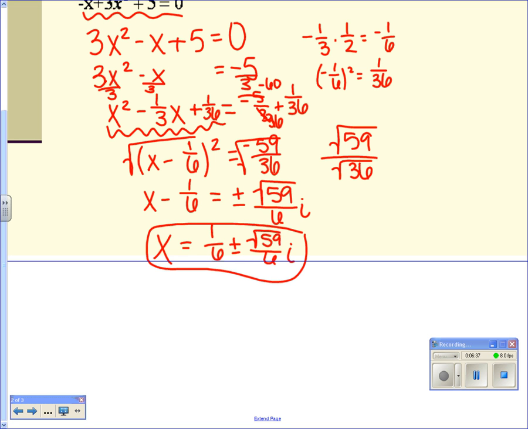You want this one to come first. Any questions here? We've done these before, right? The only part we're adding is that you now have an i in your answer. That's all. Not every one of them will have an i, but now you have the possibility of an i. Any questions on this?